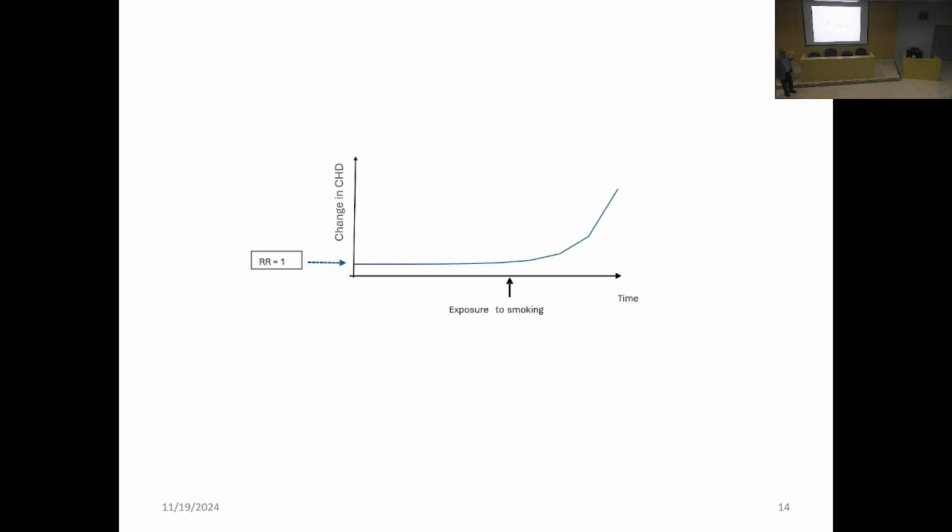If I ask you, what does it tell you? Which criteria of causation does it demonstrate? Temporality. Why temporality? Because on the x-axis you have time, and you have an increase of the incidence following the exposure to the risk factor. You must read the graphs carefully.